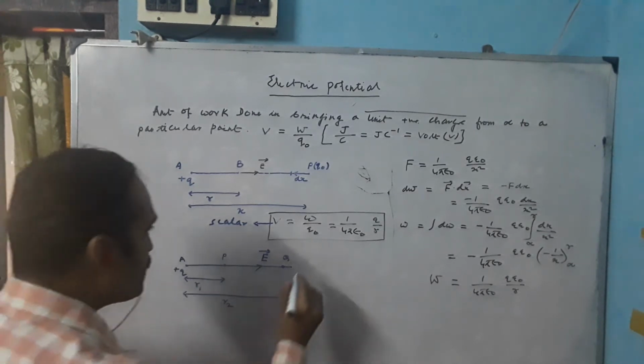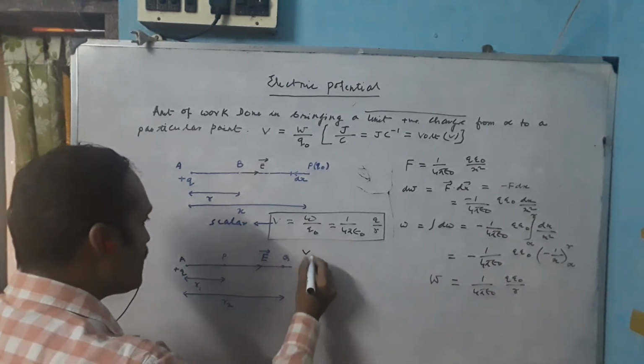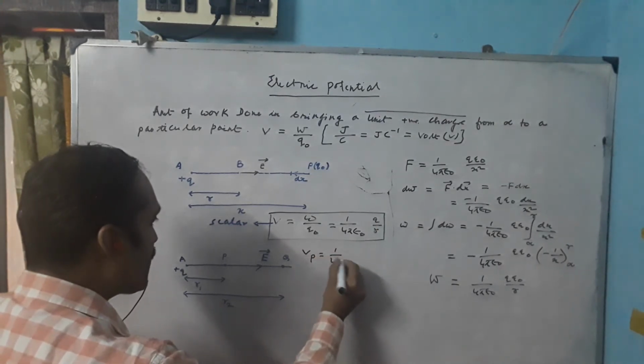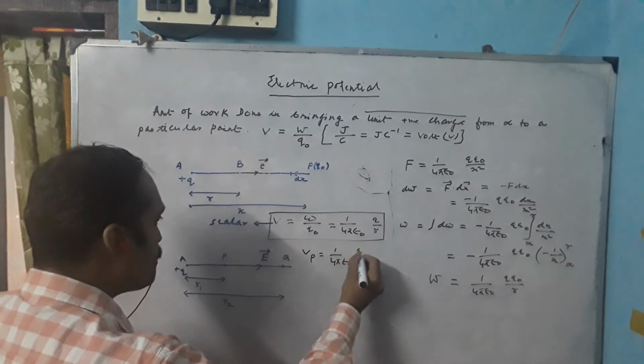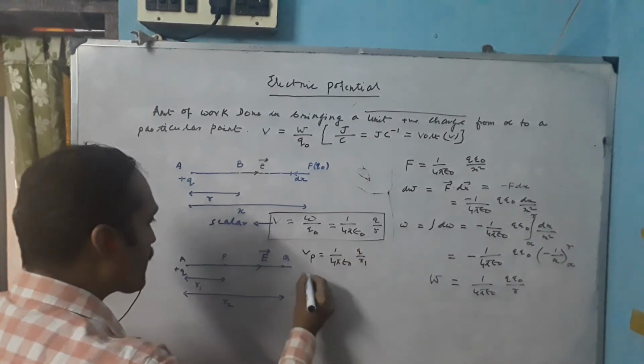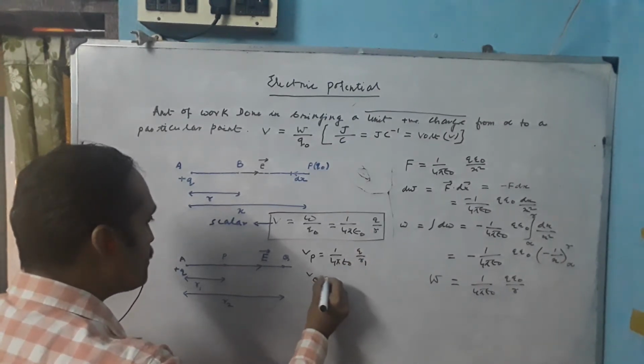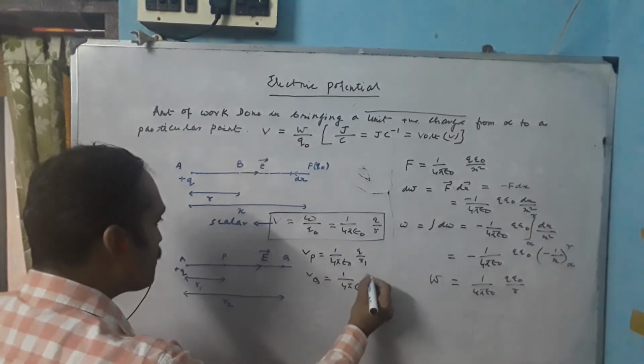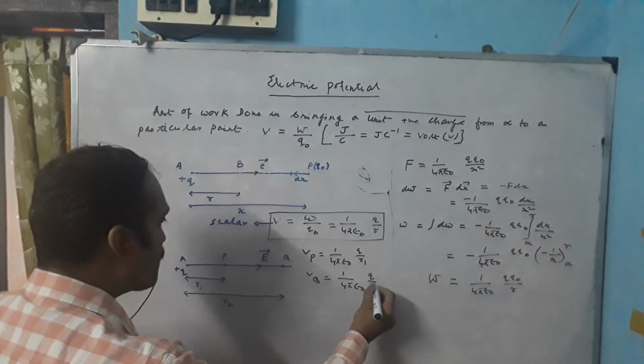What I want to tell you is the potential at P is 1 by 4 pi epsilon 0 Q by R1, and the potential at Q is 1 by 4 pi epsilon 0 Q by R2.